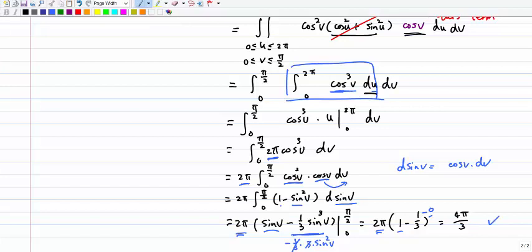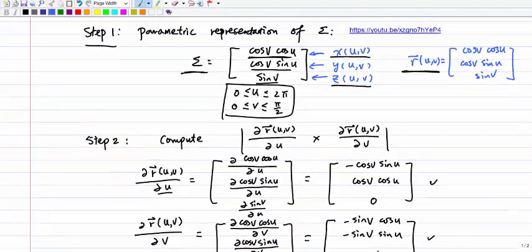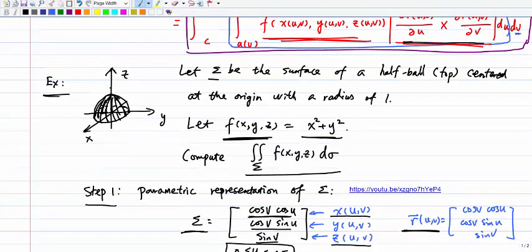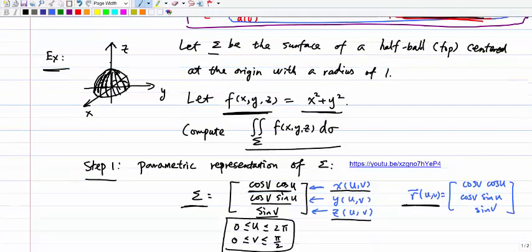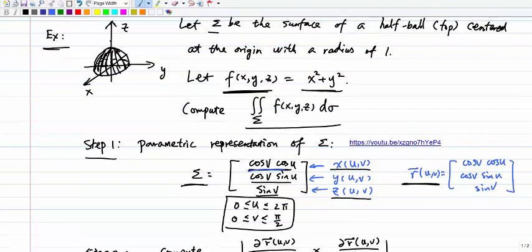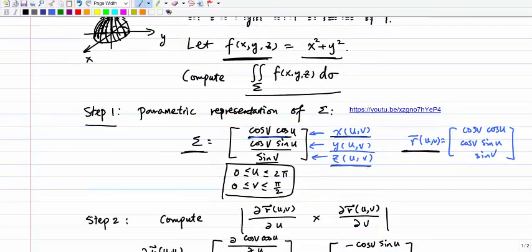So let me summarize a little bit about how we do it again. Typically for the surface integral, the first step is to find the parametric representation, including the functions x as a function of u and v, y as a function of u and v, and z as a function of u and v, and we stack them together as my r of u and v. This gives me a vector.